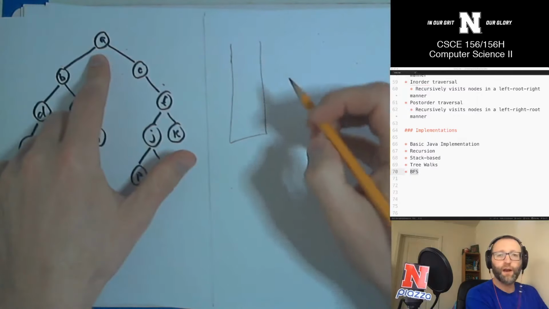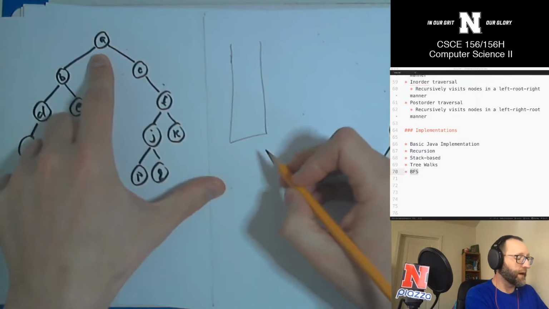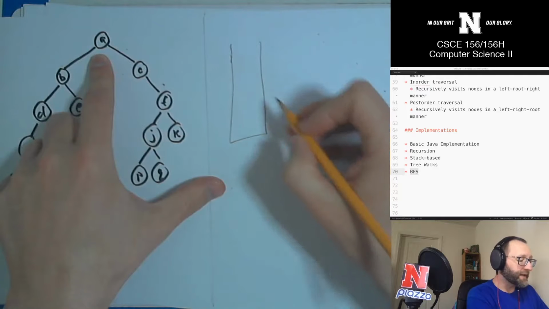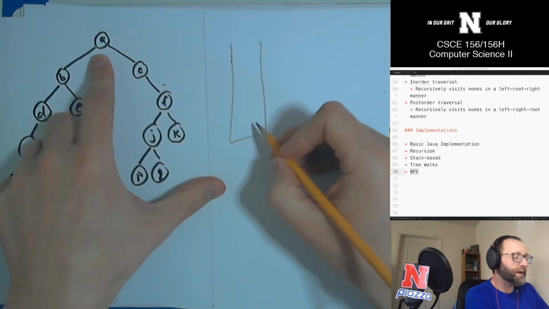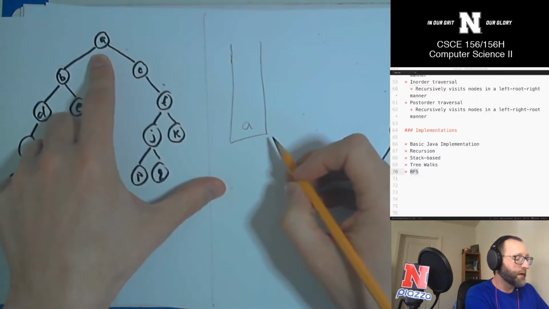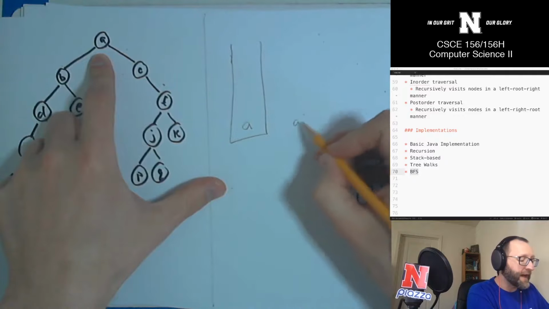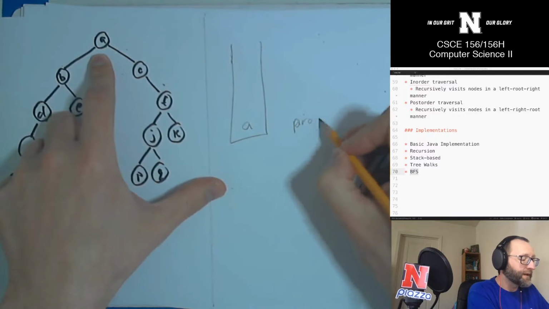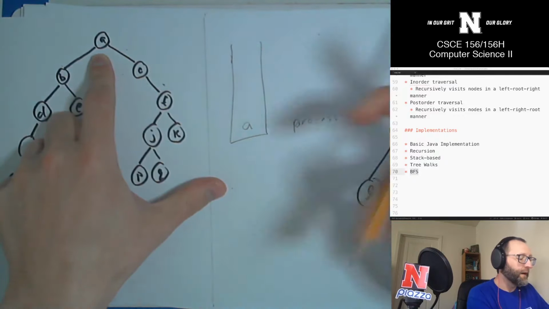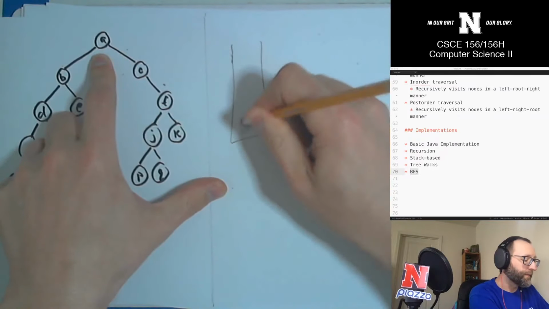Now, I start at A, and this is where I currently am, okay? So I'm going to process A. Before I process it, what if I put it into a stack to keep track of where I've been, right? Now I immediately take this off of the stack and I process A. And it's no longer in the stack.